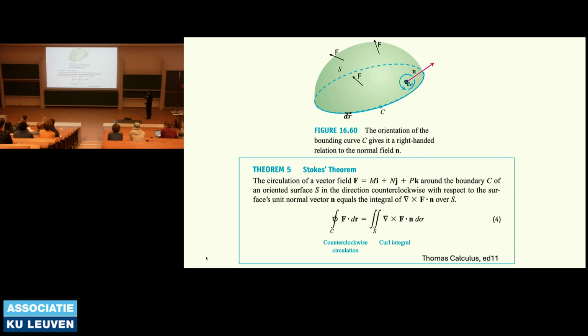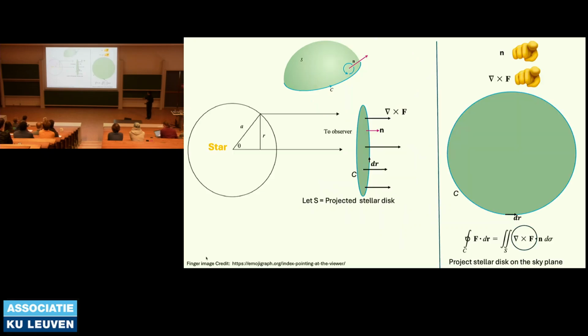If we think of this closed curve as the projected stellar disk on the sky, we have the vector norm n here, and the curl of f pointing outside the plane. If we want to calculate the brightness of a star, we simply integrate this vector over the circle.